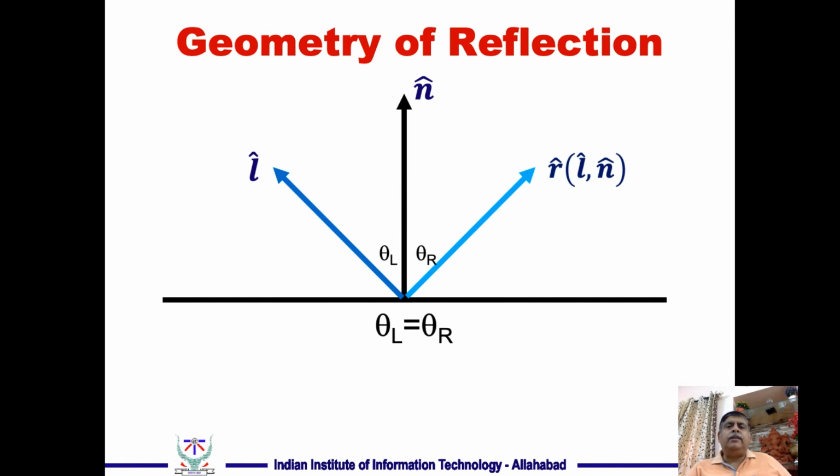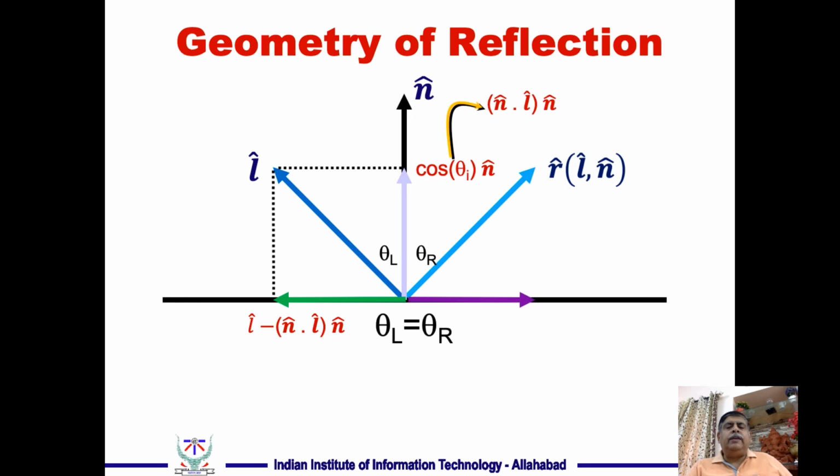If you remember this slide on geometric reflection, we had found out the component of L on the normal vector, and this component is nothing else but cos theta i times the normal vector, which can be defined as n dot L times n cap.